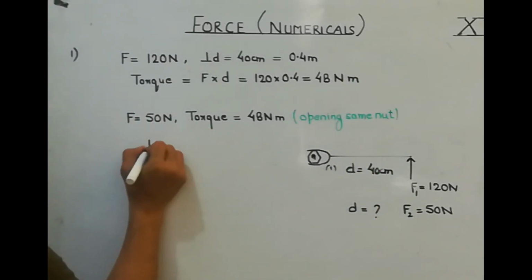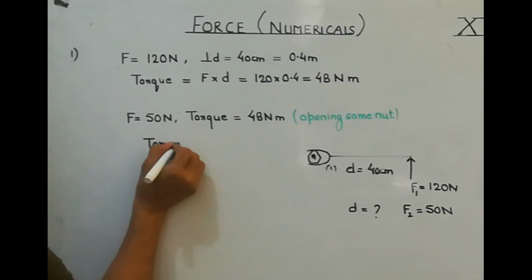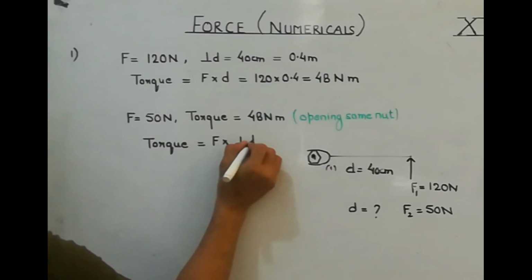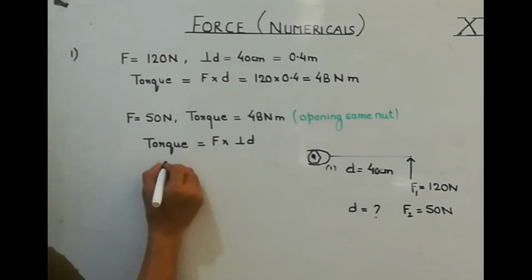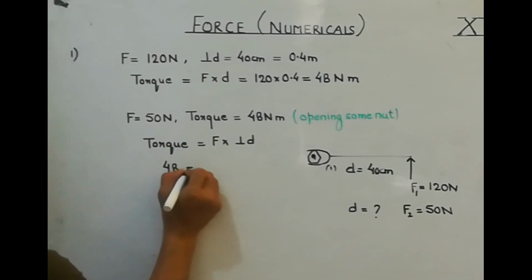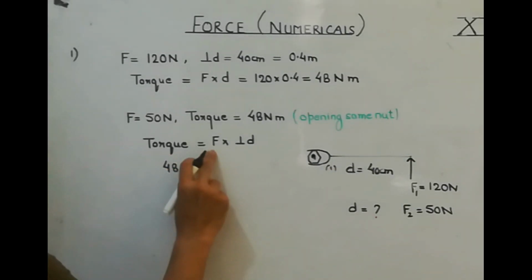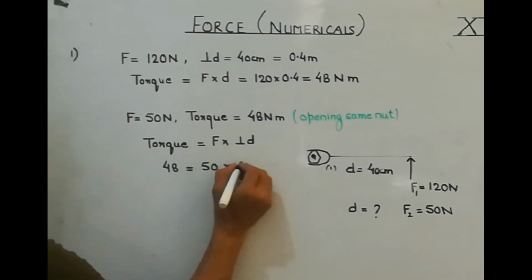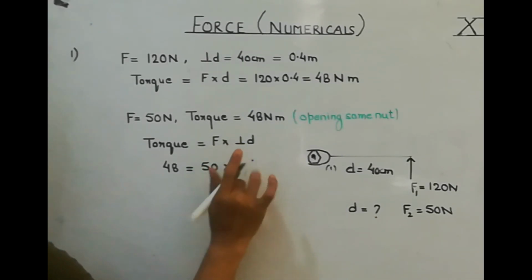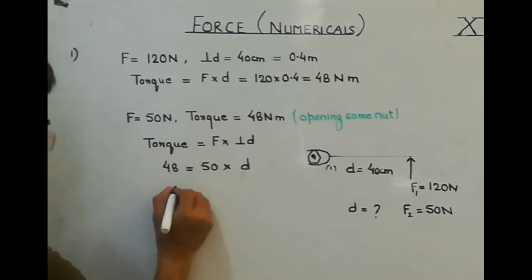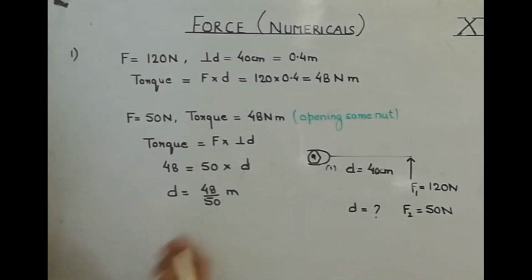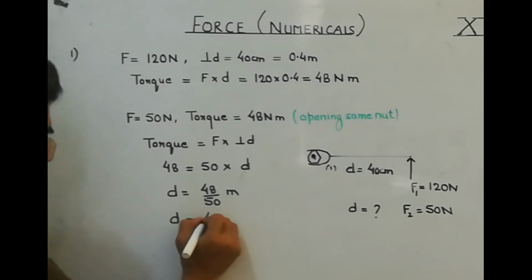So here we can apply the formula. Torque is equal to F into perpendicular distance. Torque remains the same, 48. Force is 50, and you have to calculate this distance. So if you solve it, you are getting 48 upon 50, and this distance you are getting in meter. So if you want, you can convert it into centimeter.